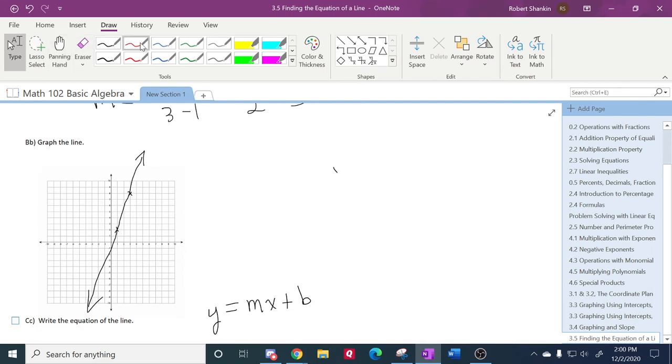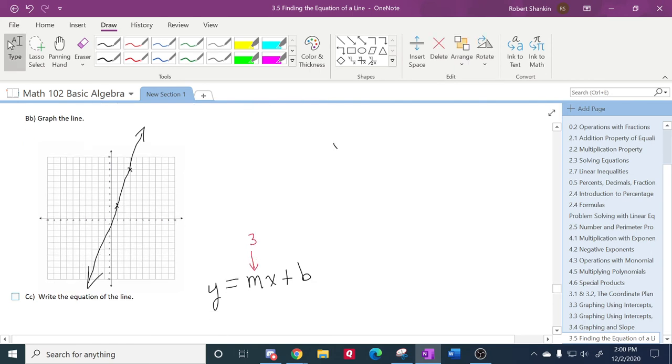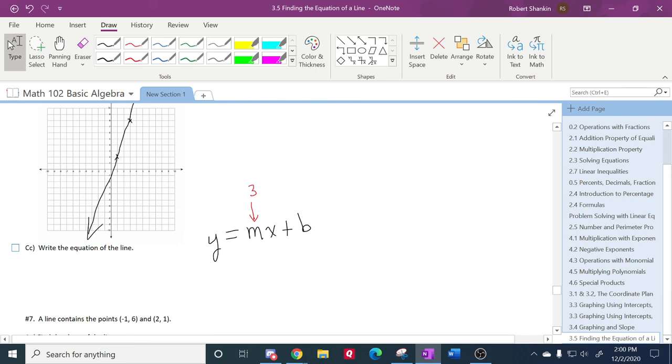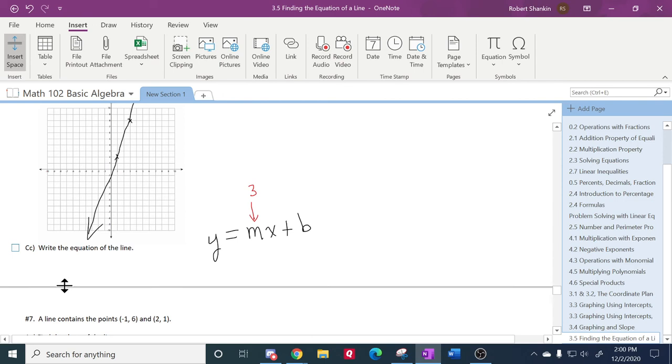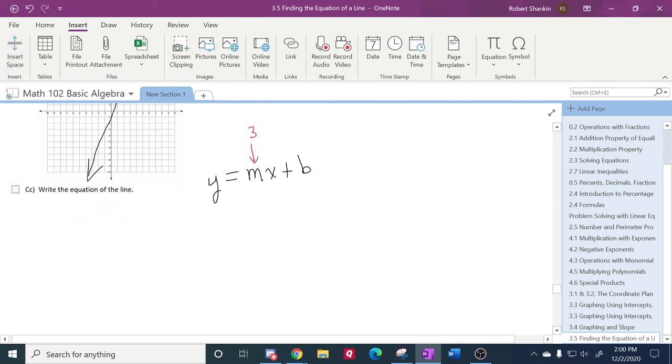We know the m is 3. So I'm just going to go ahead and plug it in. I'm going to get y equals 3x plus b.